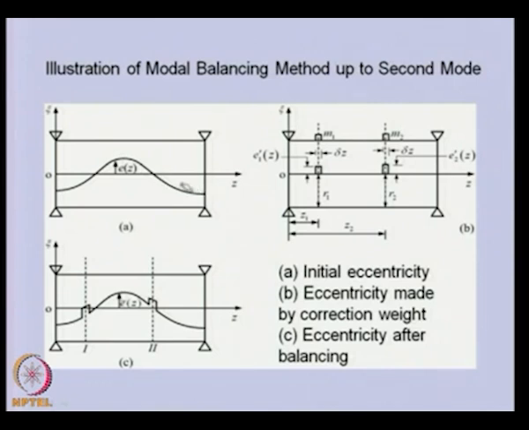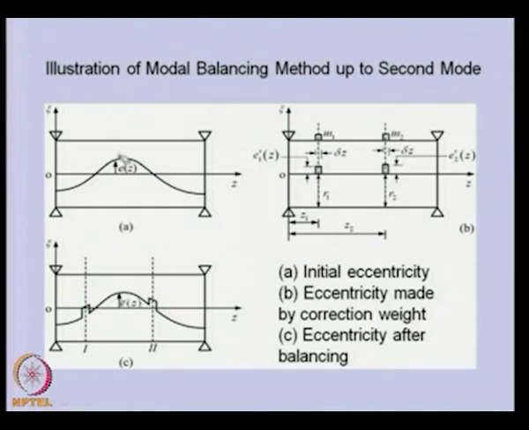Actually, we need to find it out, and based on this, balance the rotor up to the second critical speed, because finding exactly what the eccentricity variation is will be very difficult. So we will be focusing mainly on the first few critical speeds, because they are important and dangerous, since normally the rotors operate in that range.